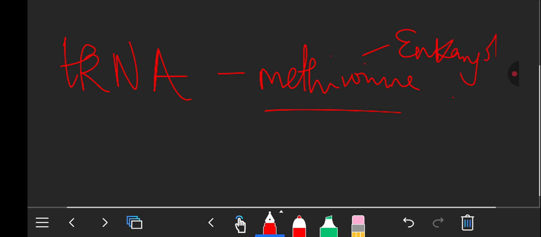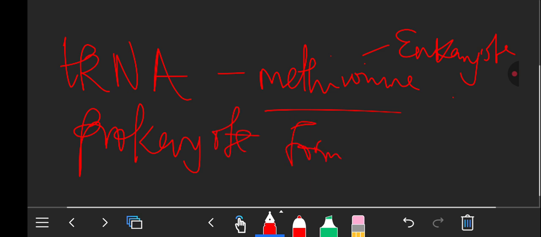For prokaryotes, what is brought is formyl methionine, or F-methionine. So this is what is coded by the start codon in prokaryotic cells.